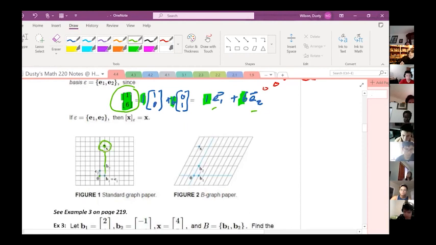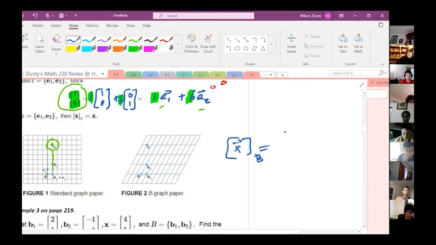But on the previous page, we had that xB was equal to -2, 3, I think. And so the -2 here is telling me I want to go -2 in the B1 direction.